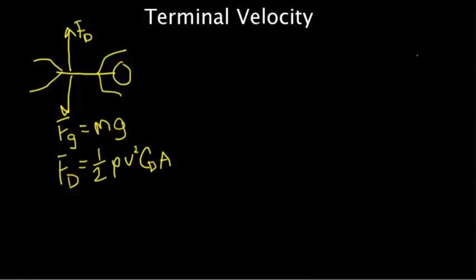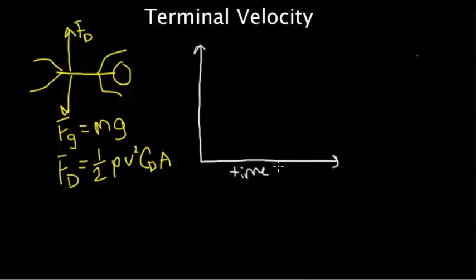If I were to draw a graph of the skydiver's velocity versus time, we would see the following. I'm going to have time on my horizontal axis. The units would be in seconds, but I'm not actually going to put any numbers on this. This is velocity. I'm just going to write VEL for velocity, and that's meters per second.